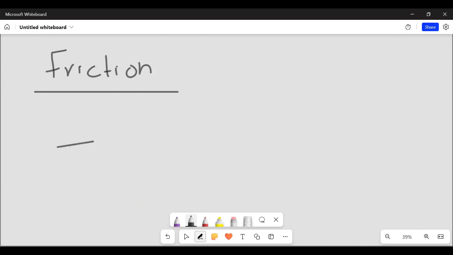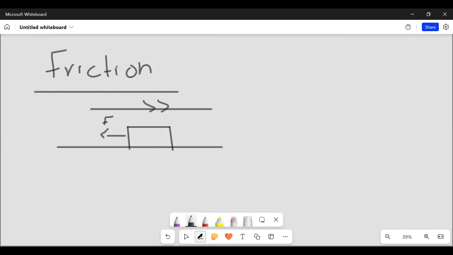We know that if an object is like this, and if it's moving in this direction, and then the friction should be in this direction if it's mentioned in the question. If it says there's a friction, then we know that it needs to point away in the opposite direction to the direction of motion.